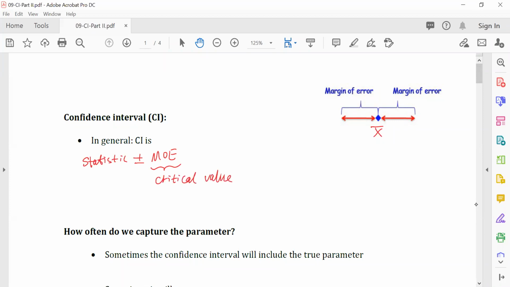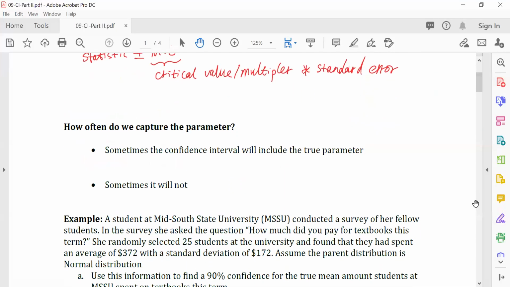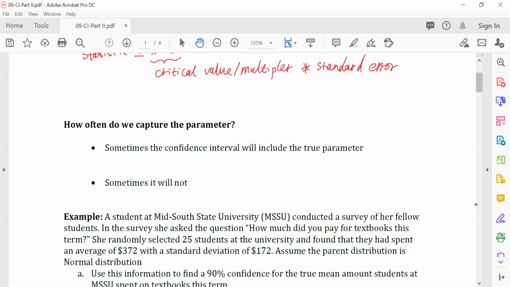Another way of saying critical value is called multiplier. That's the t value or z value that we have talked about, times the standard error, which is sigma divided by square root of n or s divided by square root of n. So in this lecture, we are trying to focus on the interpretation of confidence interval.